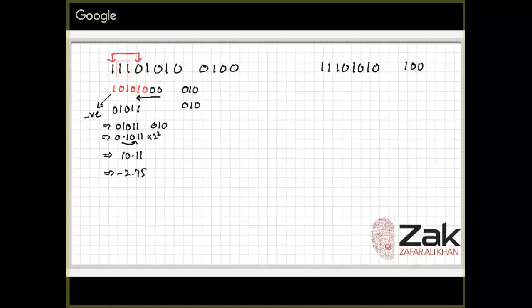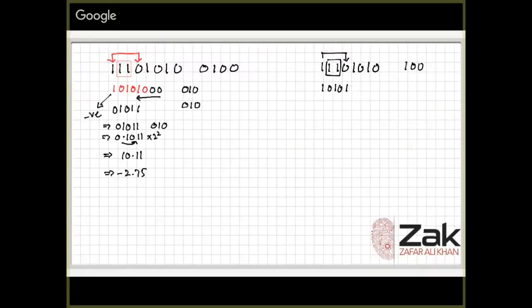Okay. If you remove these two, this would become 101010, and what is the exponent? Minus 4. So actually, the point was meant to go on the left.